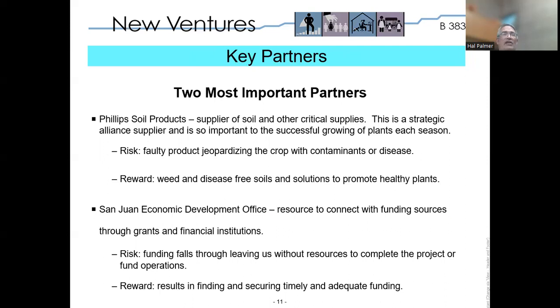But these are actually partners to the company. You have to have these people to make it a success. So each partner should be looked at as if you want to maintain a lasting relationship. And they need to be evaluated to determine the risk and the reward for having this partnership.